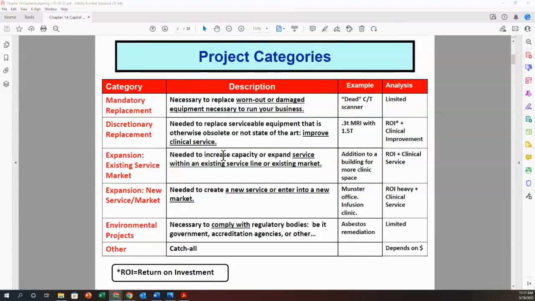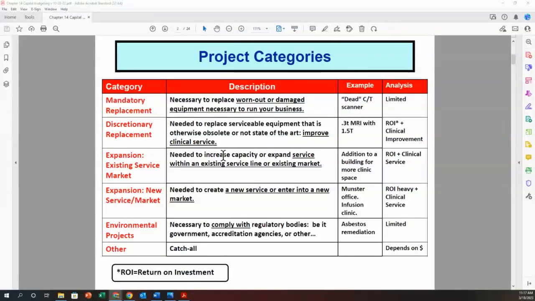Discretionary replacement. You're going to replace something that's serviceable, but you're going to potentially improve a clinical service. So we had 0.3 T MRIs. They worked. They were fine. The 1.5 T is a better image. Medicare, Blue Cross, in its ultimate wisdom, they don't pay any more for a 1.5 T MRI image than a 0.3.